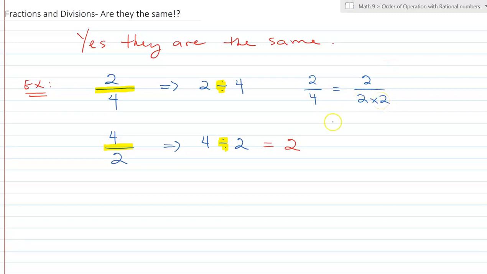Now we can see that the greatest common factor of 2 and 4 is 2. So 2 divided by 2 is just 1. The denominator has 2 left, and the numerator left is 1. So 2/4 is actually 1/2. These are called equivalent fractions.